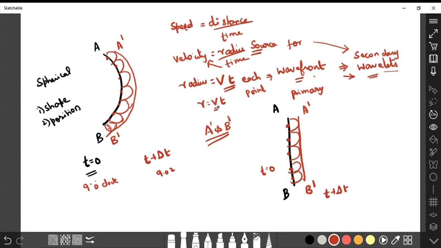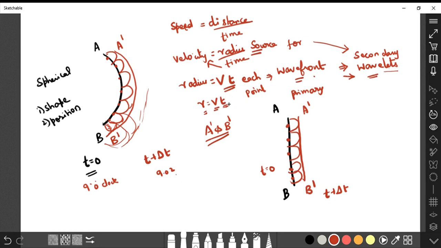If you are taking 0.2, you have to consider 0.2; if you go for 0.5, the radius will be increased. If the time increases, the radius also increases, and then we get the next position. So depending upon the time, the radius will change: the radius is v into t, the velocity of light into the time you are measuring.